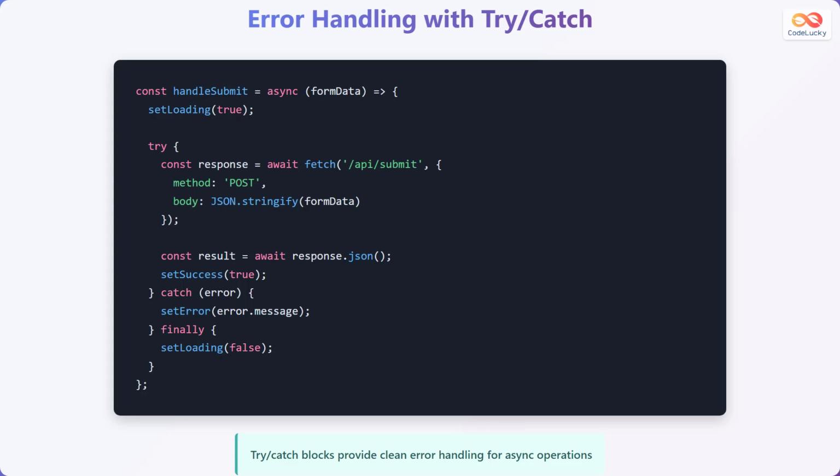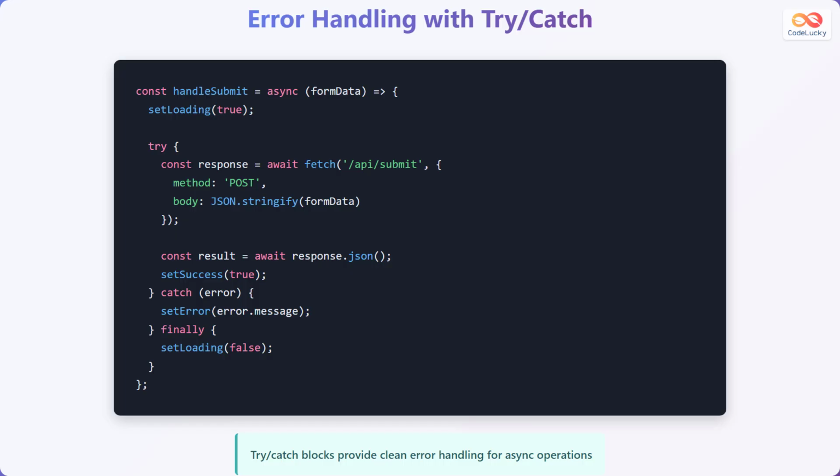Error handling is crucial when working with asynchronous operations. Here's how to use try-catch blocks effectively. We define an async function called handleSubmit that takes form data as input. We start by setting a loading state to true. Inside the try block, we await the fetch call to submit the form data to an API endpoint.